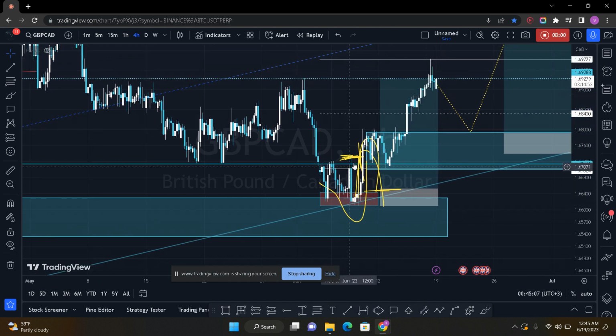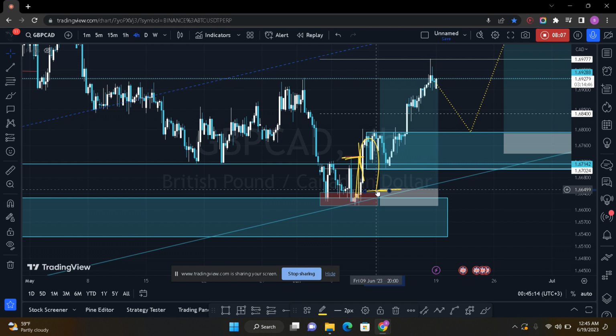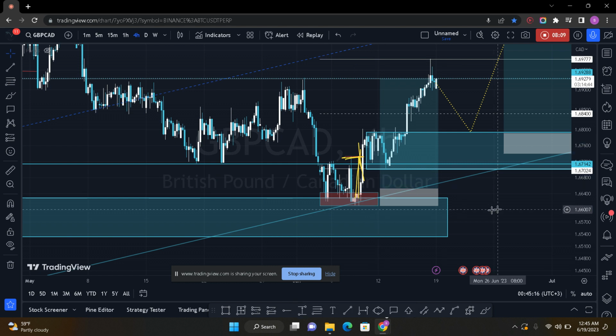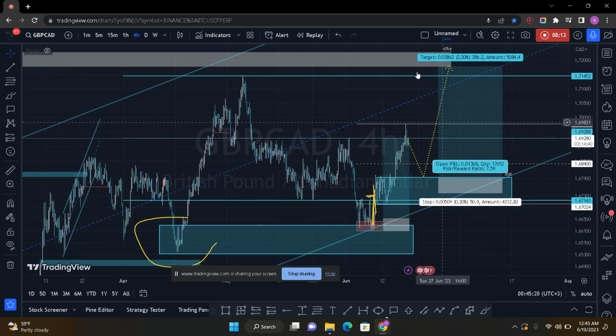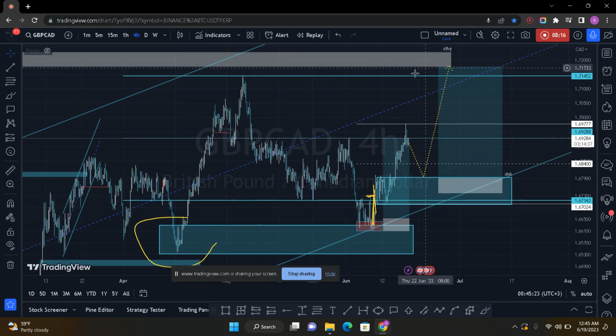My bias is still for the top of the rising channel, and I'm inclined to believe, according to my analysis, that we're going to reach this zone right here.